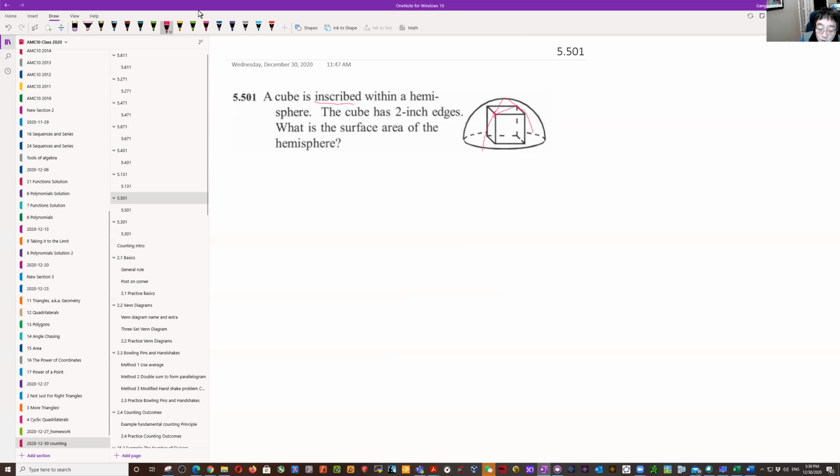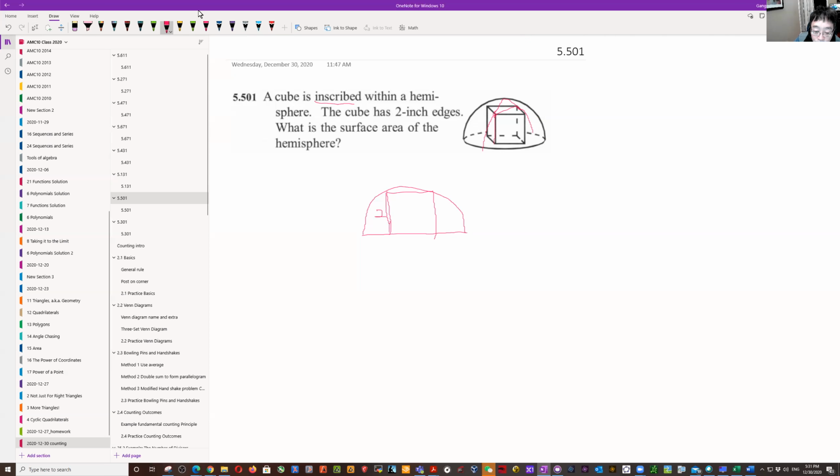Inscribed means that the extremity of this shape is going to touch the sphere face. The extremity of this cube is the tip. So if you cut the sphere this way, we actually will see the semicircle, and also this way. And this is going to coincide with the 2-inch edge.